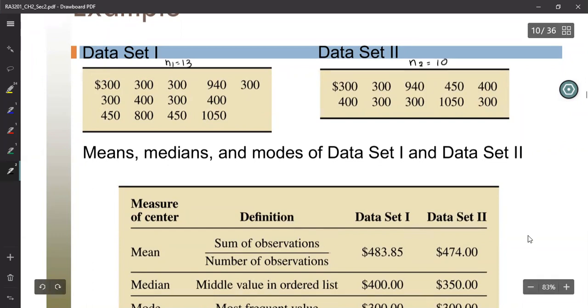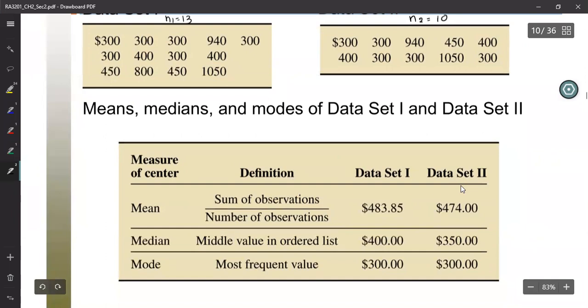The calculations are done for you. For data set 1 and data set 2, you see the averages: 483.85 and 474.0. Then the median, which is the midpoint of the data set. They are not in order, but if you order the data set, you'll find that for data set 1 the median is 400, and for the second it is 350.